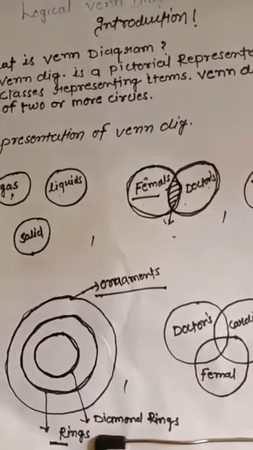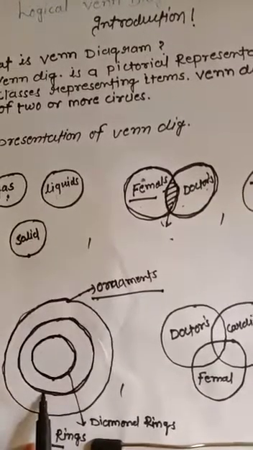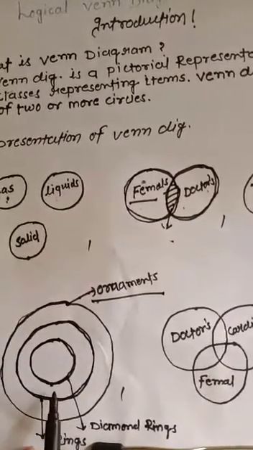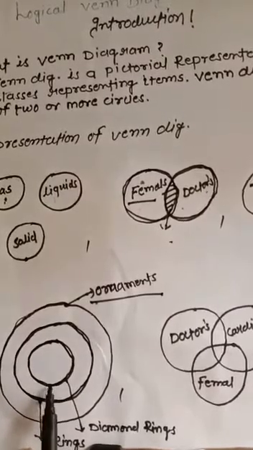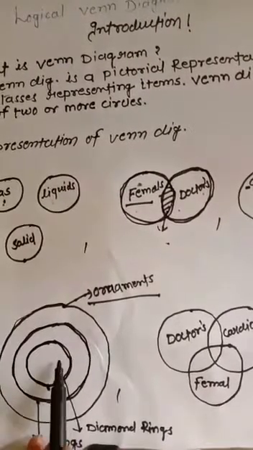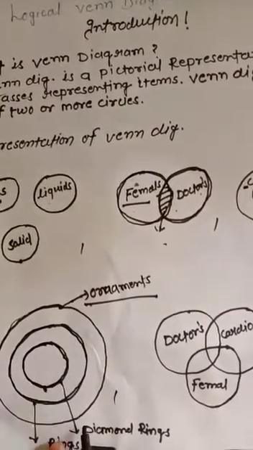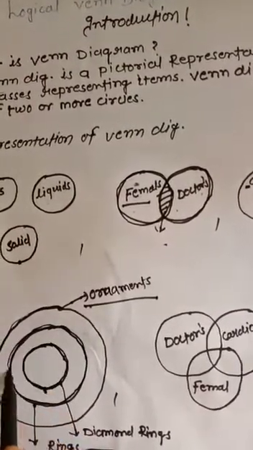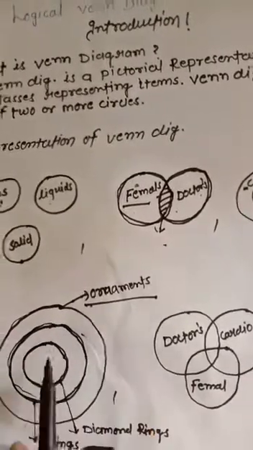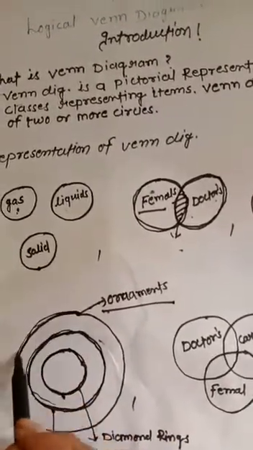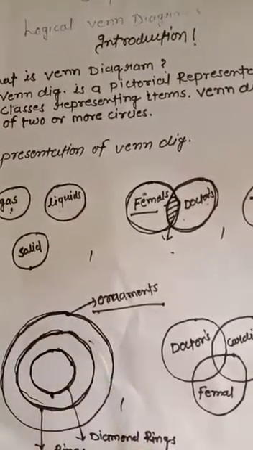That means we can say that all diamond rings are rings. Definitely, the specialty of a diamond ring is that it is made up of diamonds, but it is a ring also. So all the diamond rings are basically rings, and all the rings are ornaments. That's why they come inside the circle, and the bigger circle is for ornaments.